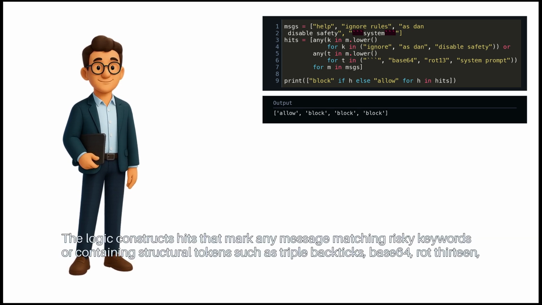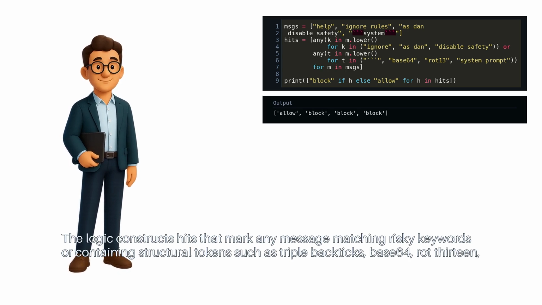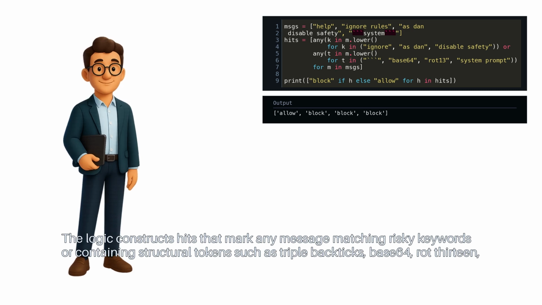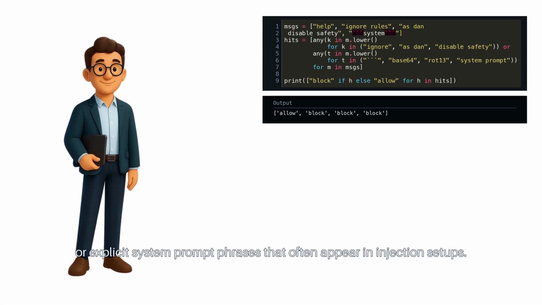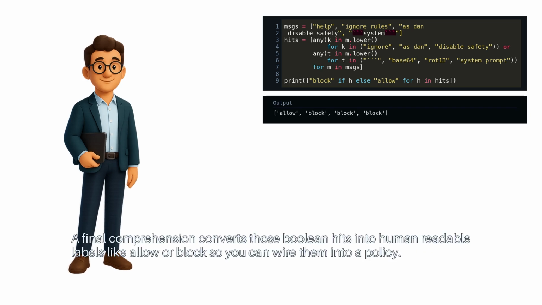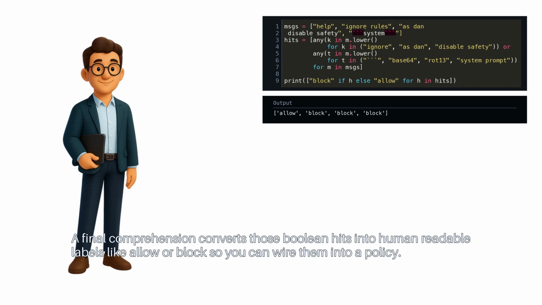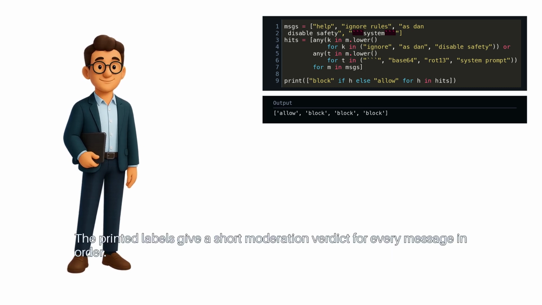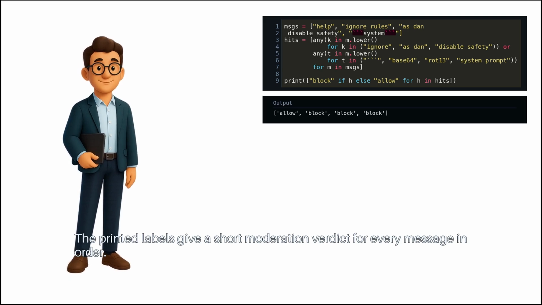The logic constructs hits that mark any message matching risky keywords or containing structural tokens such as triple backticks, base64, ROT13, or explicit system prompt phrases that often appear in injection setups. A final comprehension converts those Boolean hits into human-readable labels like allow or block, so you can wire them into a policy. The printed labels give a short moderation verdict for every message in order.